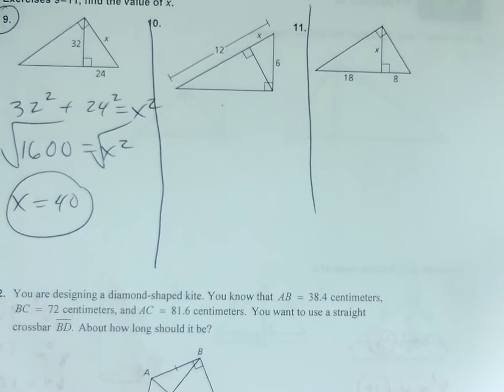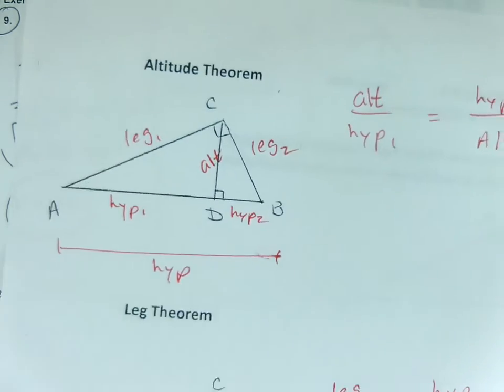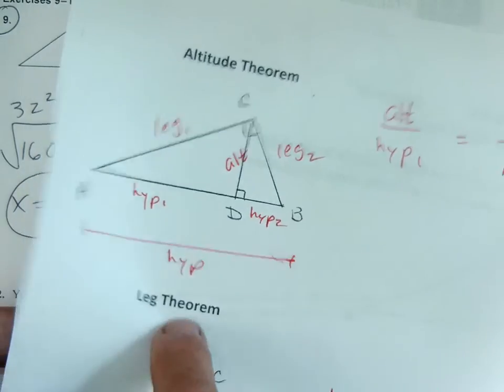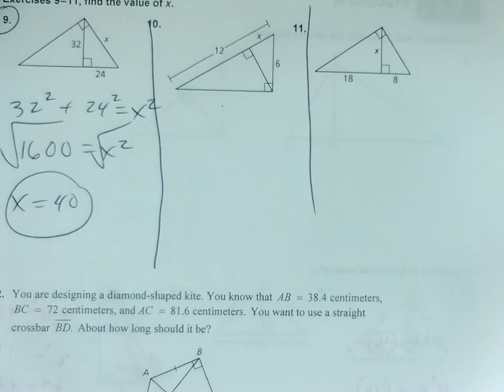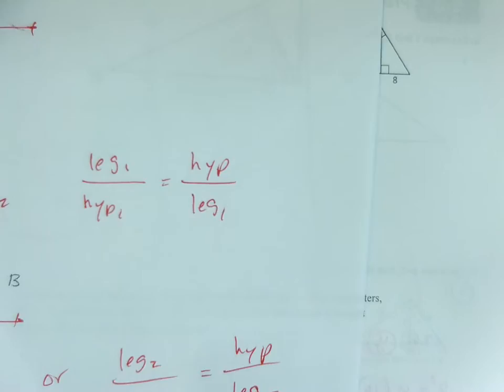Okay, take a look at 10. Of the notes I gave you, which one does it look like it is? Number 10. Is it going to be a leg or an altitude theorem? It's got to be a leg, right? That's a leg, isn't it? So it's leg squared.